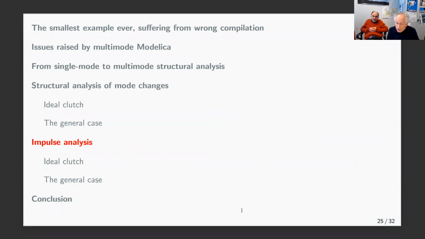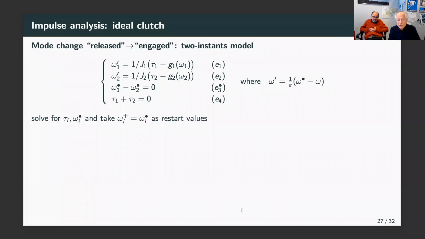One problem that comes with mode change in multimode systems is the existence of impulsive behavior. In the case of the ideal clutch, we have this when the physics tells you there is such a problem, because when you engage the clutch, there is an abrupt change in the velocity so that the two velocities instantaneously become equal.